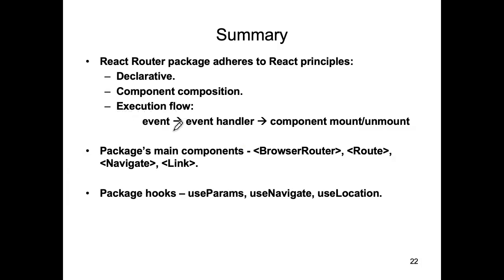That is modeled as an event by the browser itself. The React Router library handles that event, so it takes care of consulting its routing configuration, etc. And as a result of consulting the routing configuration, it will mount and unmount components onto the DOM. And whenever the DOM has been manipulated, then the browser repaints the screen. So this is the flow of control that the React Router follows.